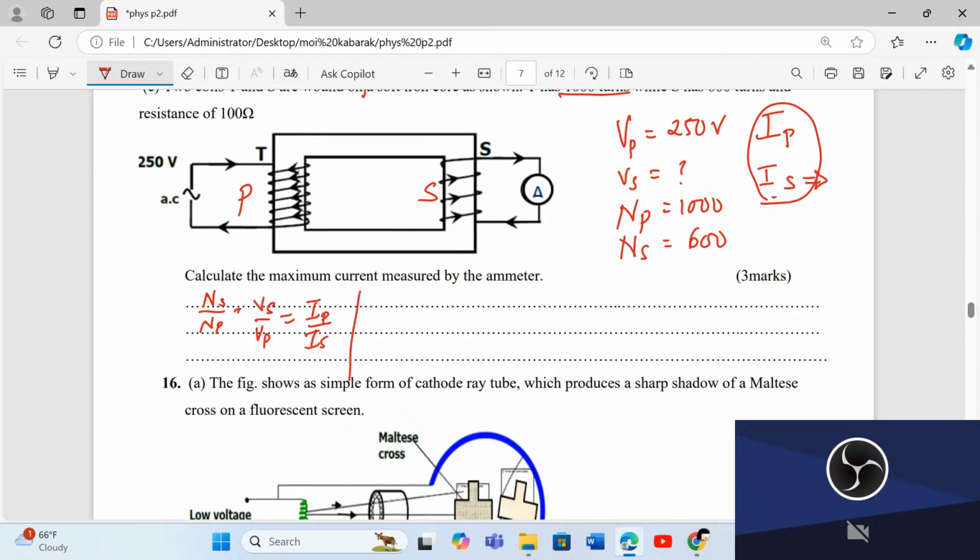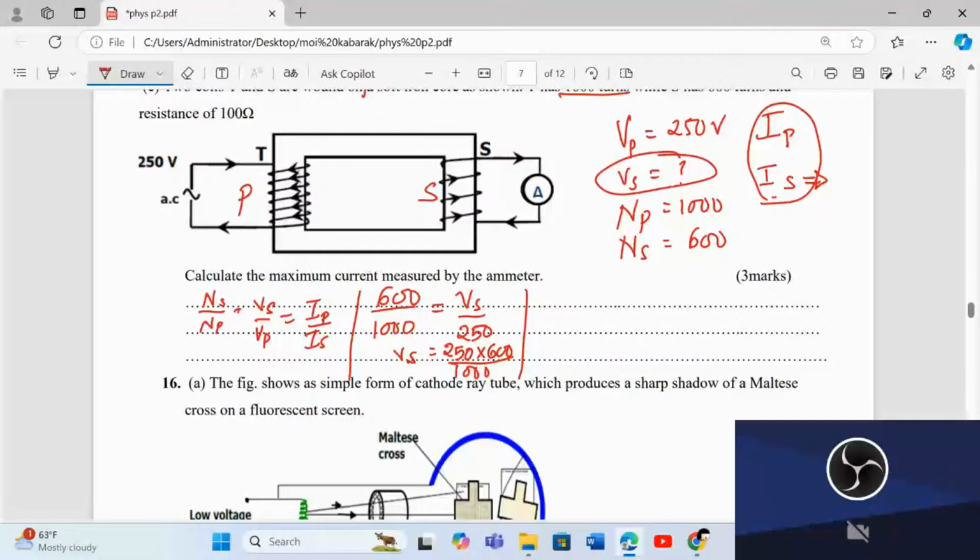Then from here, we can first get the voltage at the secondary. It becomes the formula multiplied by 600 divided by 1000. Vs is equal to 150 volts.